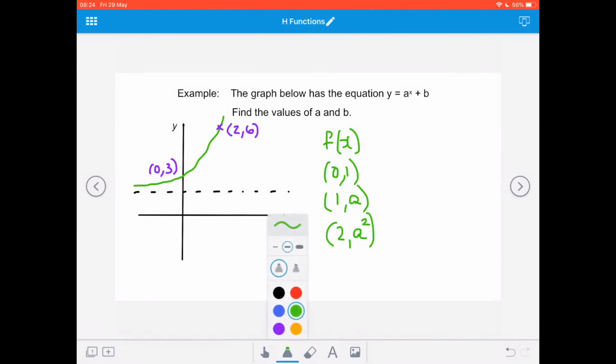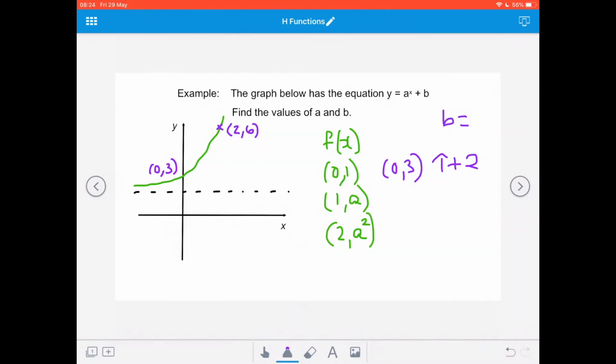Now, you can see that with this particular curve, we have it going through (0, 3). So that means that we've got a shift that's 2 up. So our b value is going to equal 2. Now, if we undo that shift and compare to (2, 4), because we've taken away that upward shift of 2 from that y coordinate, we can now make a squared equal 4.